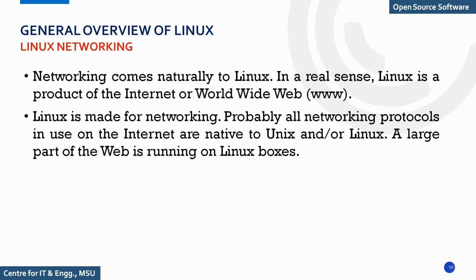Then Linux networking. Networking comes naturally to Linux. Linux is a product of the internet. Linux is specifically made for networking. All the networking protocols that are available can be used in Linux.